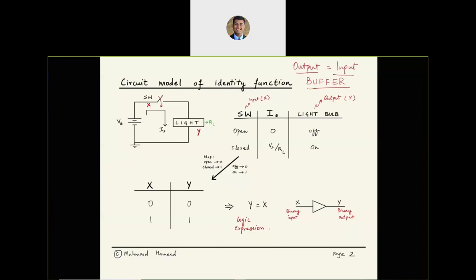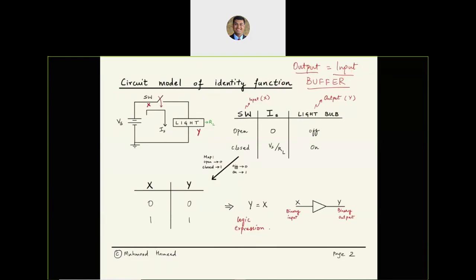So it's not like we are inverting the input. Remember, we are talking about switching states in the two extremes when the switch is on and off. So we are looking at input either being low or high, output being either low or high. So when both the states of the input and the output are the same, that's called an identity function. Y equals X, output equals input.